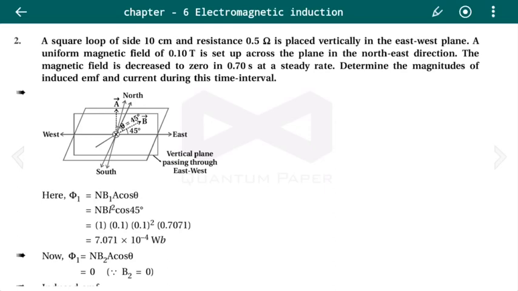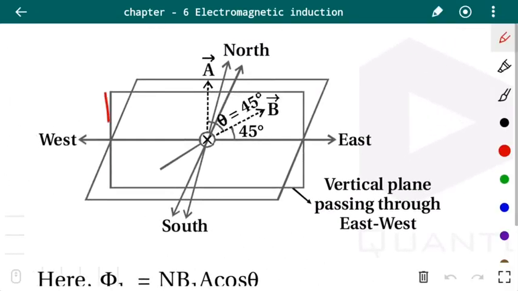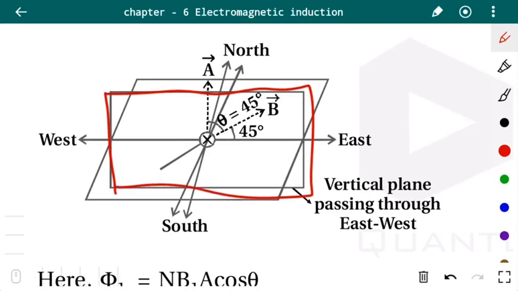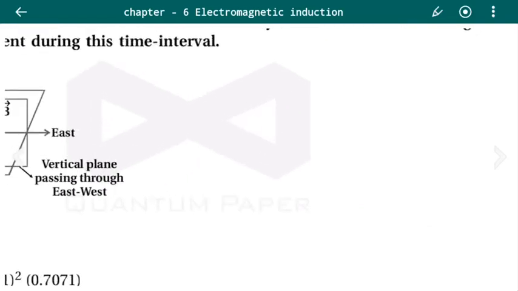So here the square loop is used and the side of the loop is 10 centimeter. The resistance is 0.5 ohm and the square loop is placed in the east-west plane. You can see over here the square loop is placed in the east-west plane, and a uniform magnetic field is set up across the plane in the northeast direction.